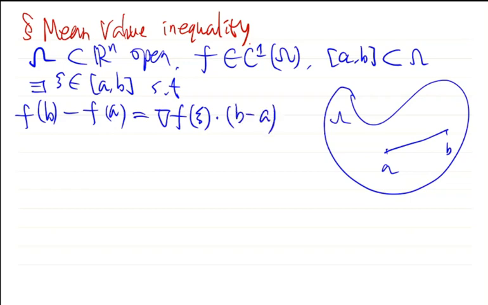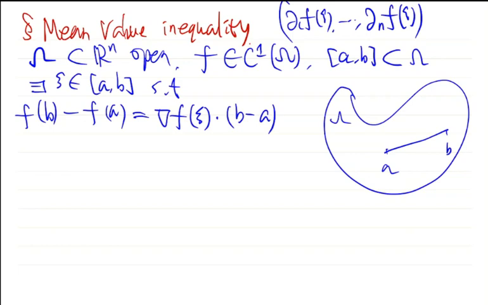But it is not difficult to see that the gradient of f at c is d1f(c), ..., dnf(c). If we write b minus a as a column vector, then because you want to take the inner product, the gradient has to be written as a column vector.